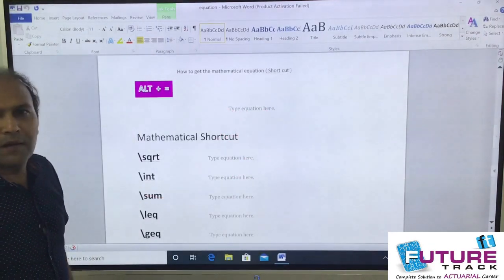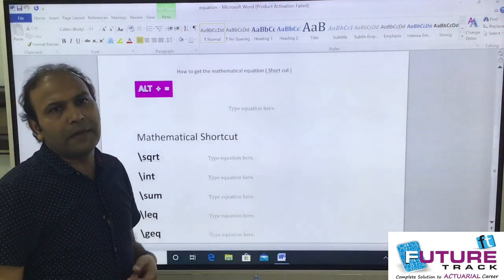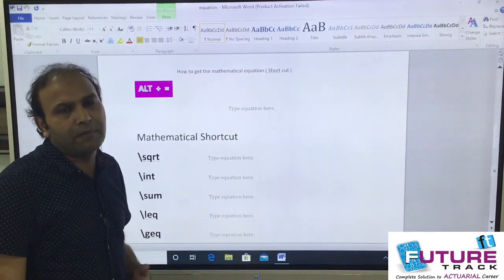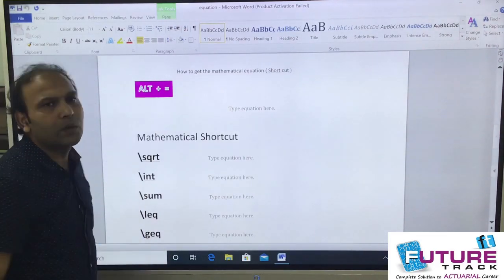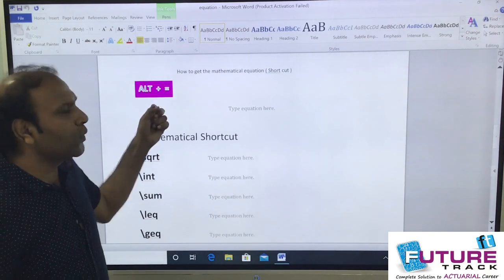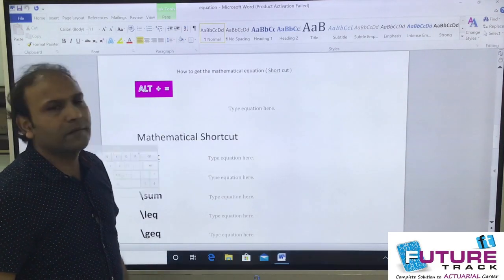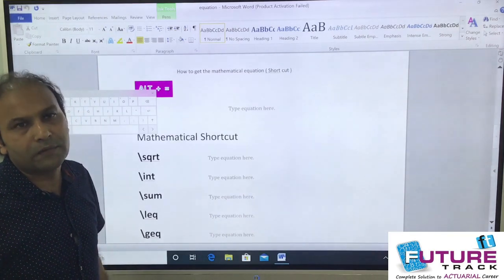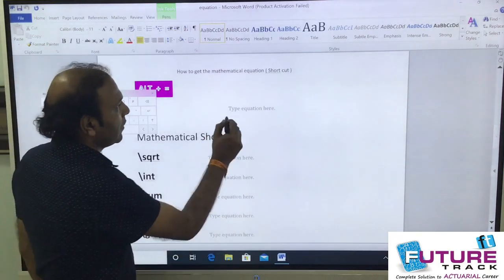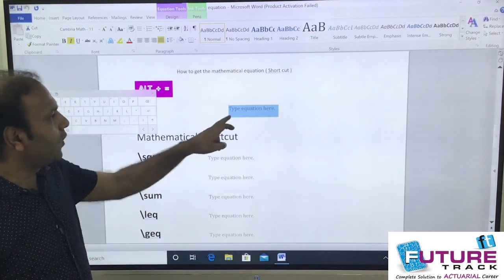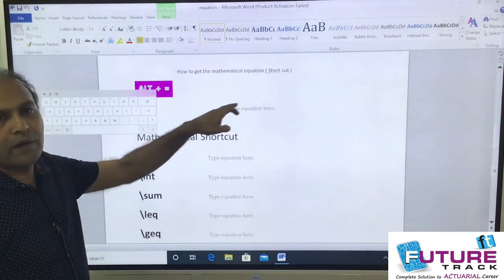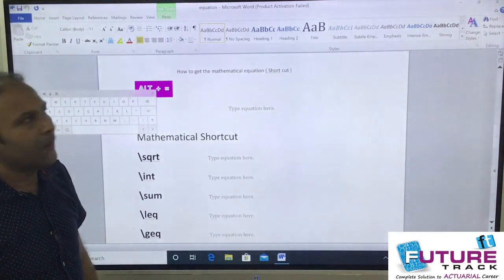Now class, the first thing is how to type a mathematical equation. For that, there is a very important command, Alt equal to. If you press Alt equal to, you get something like this in your Word file. See, the moment you press Alt equal to, you can type the equation here.